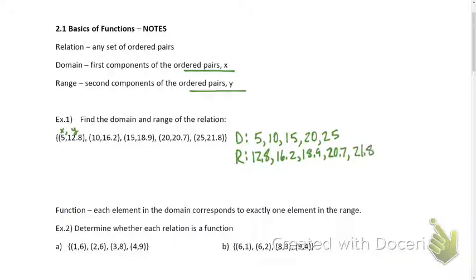If they ask for the domain and range and you have coordinates, it's a little different if you're looking at a function like a graph, but if they give you a bunch of coordinates, that's all you do.